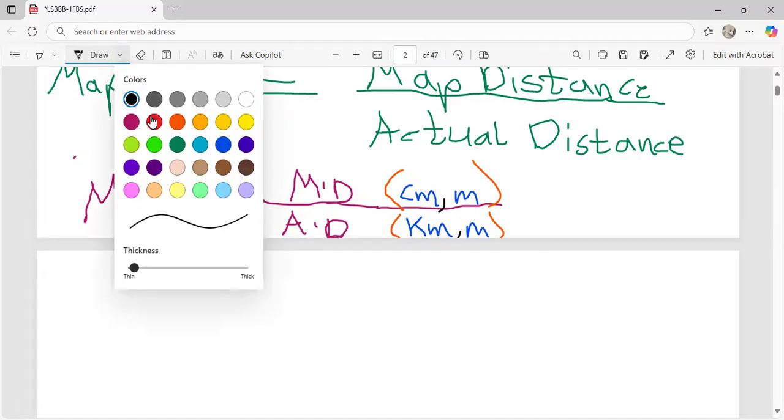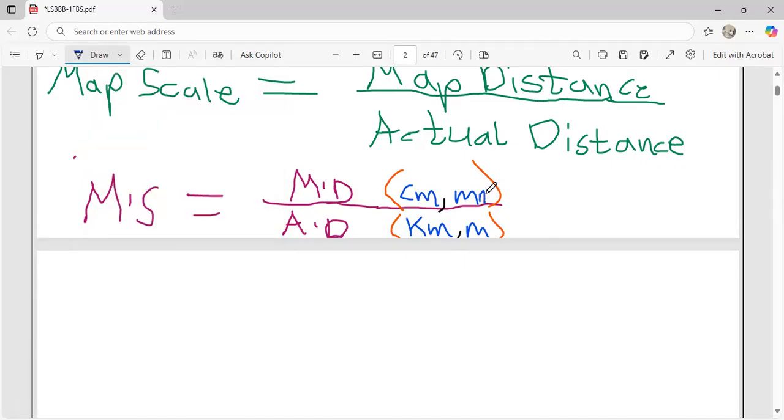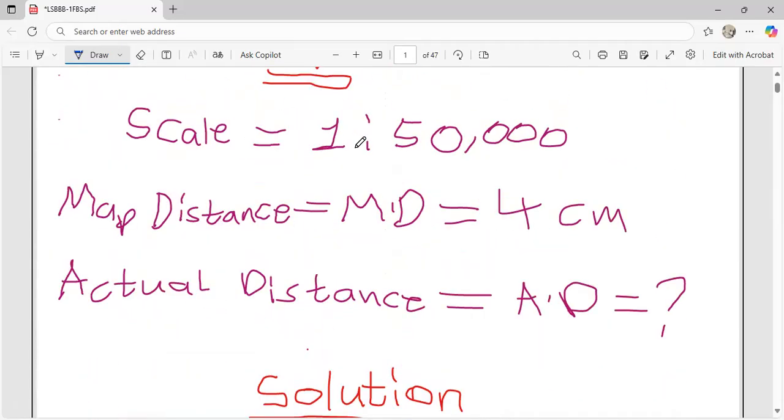So the map distance, if in the question it is in CM, centimeters, or millimeters, whereas the actual distance or the ground distance in the question may either be given in KM or meters. So once you see that, you should be able to use that to find your way.